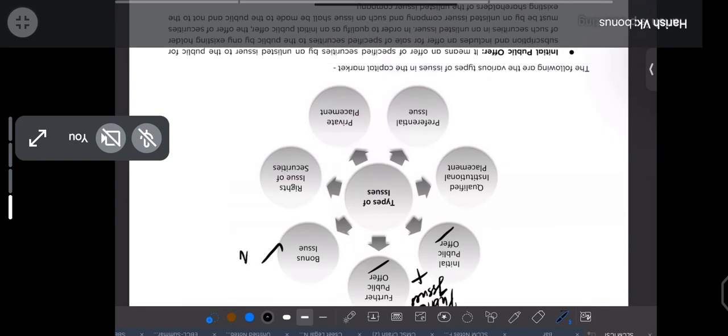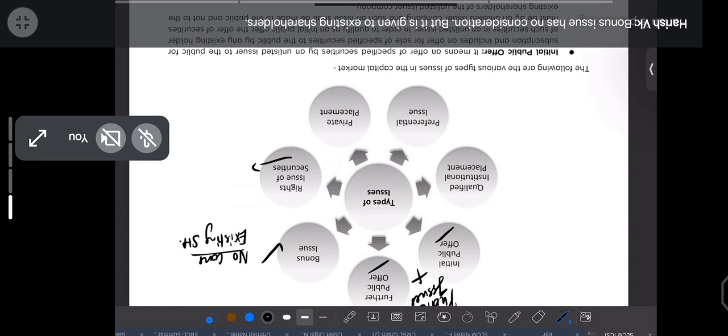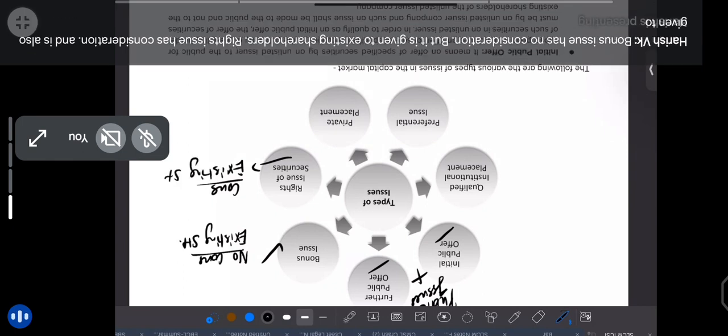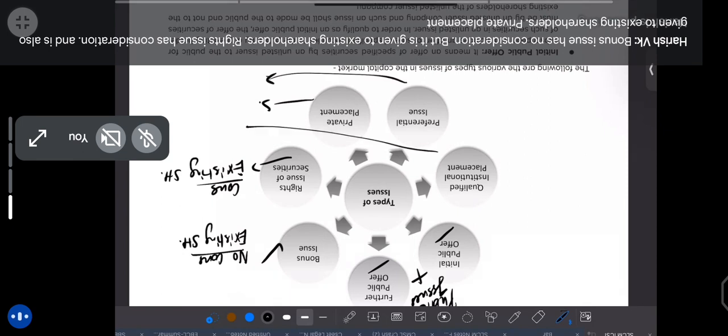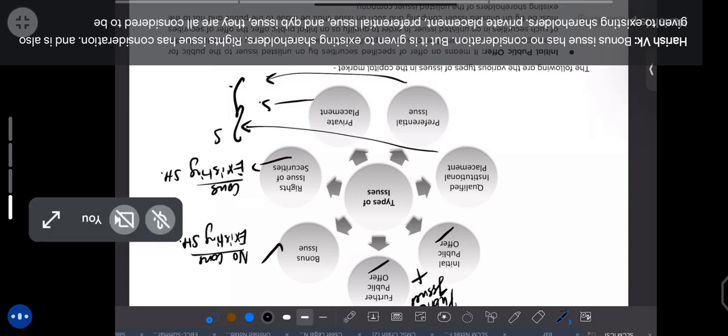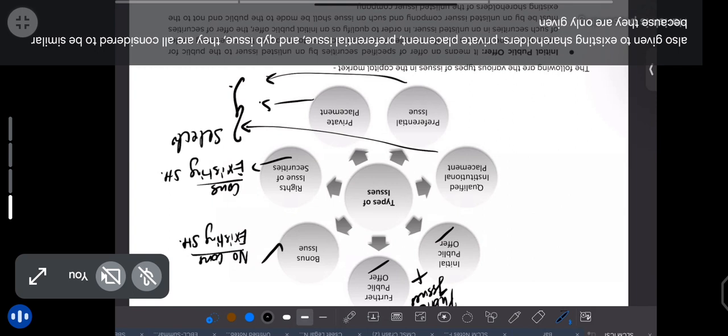Bonus issue has no consideration, but it is given to existing shareholders. Rights issue has consideration and is also given to existing shareholders. Private placement, preferential issue, and QIB issue are all considered to be similar because they are only given to selected shareholders.